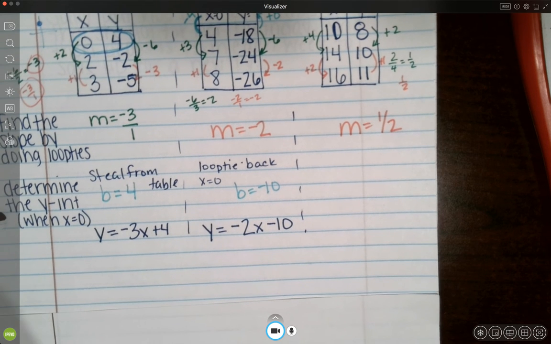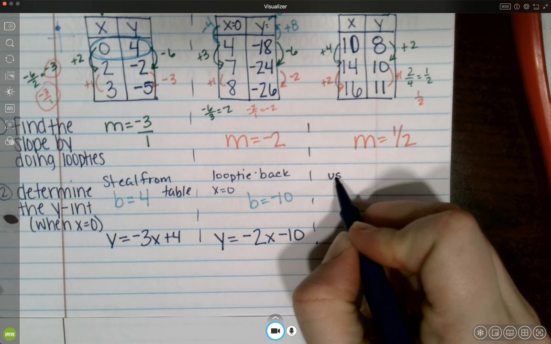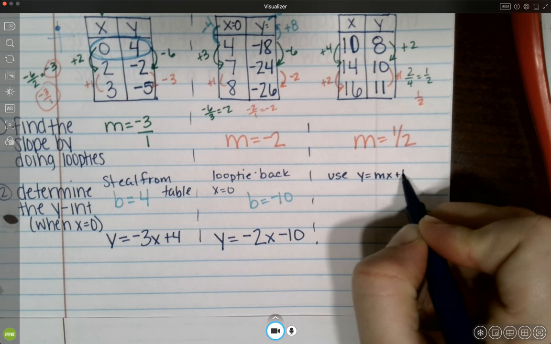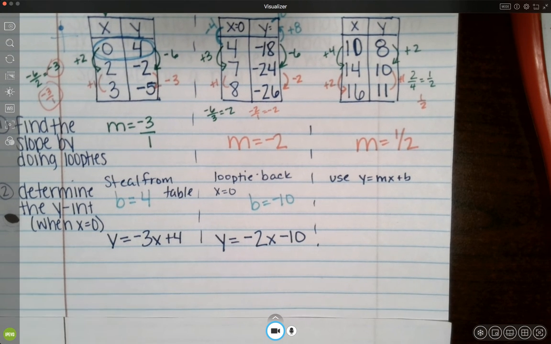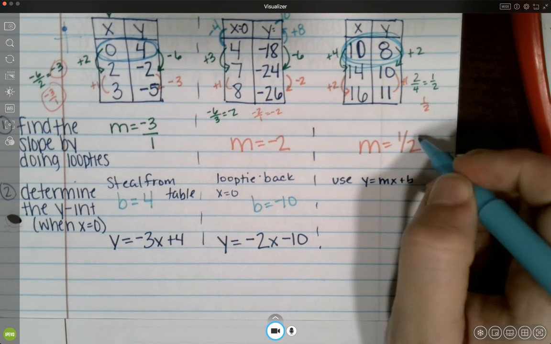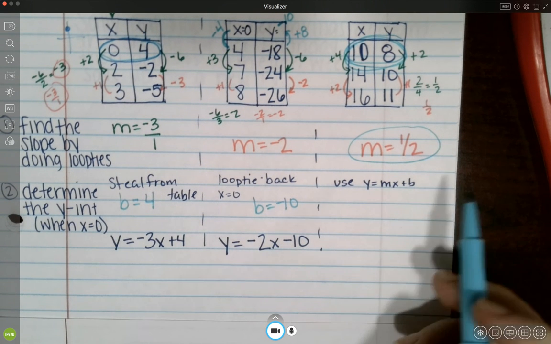My third strategy would be to use the format y equals mx plus b. I'm going to steal my data. I'm going to circle a coordinate, and I'm going to circle my m, and plug those two pieces of information right in here.